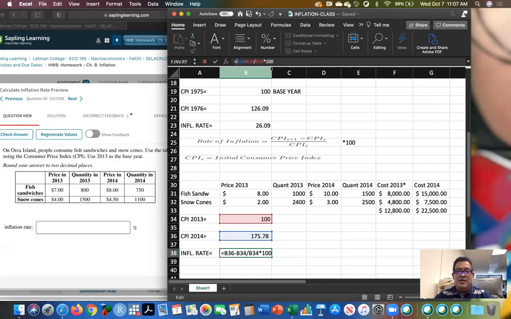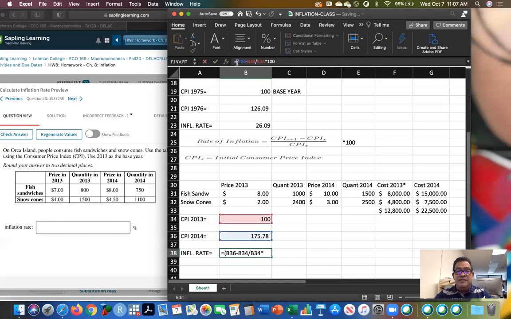Probably in this case it might not be a big issue because all of these are hundreds, so probably it cancels out. But just imagine that this is not 100, might be another year, 2012, so we can compute the value for 2012. That number is going to be different. In this case, probably it doesn't make any difference.